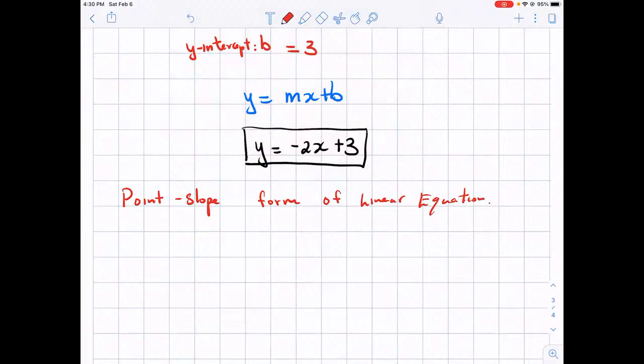The point-slope form is y minus y1 equals m times x minus x1. Okay?